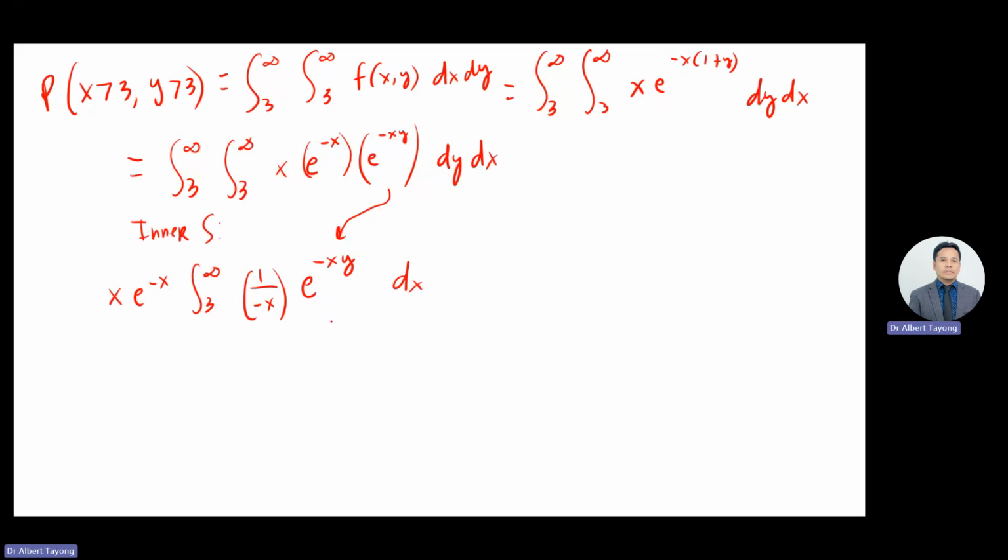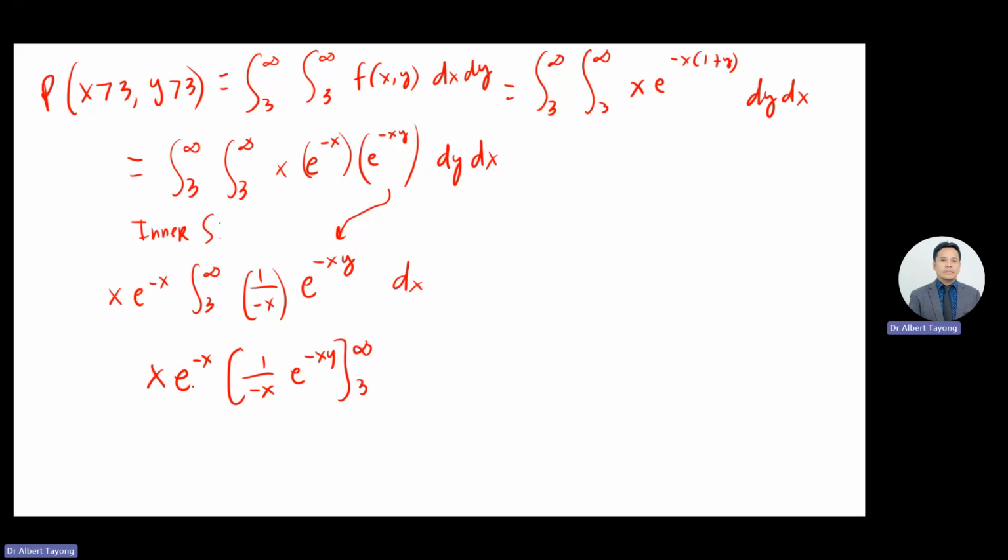So let's have now the limits. So we have x e negative x. We have 1 over negative x e raised to the power of negative xy from 3 to positive infinity. Then we're going to use this one later. So basically we are slowly moving out. We're going to start from right, going to the left. So let's replace this with positive infinity.